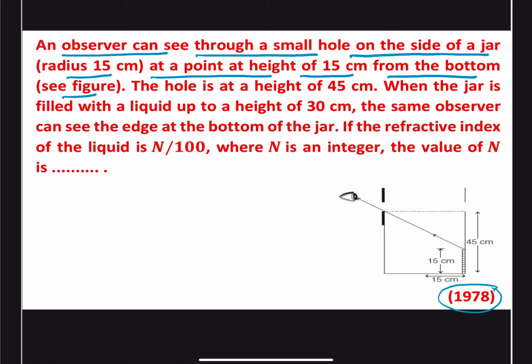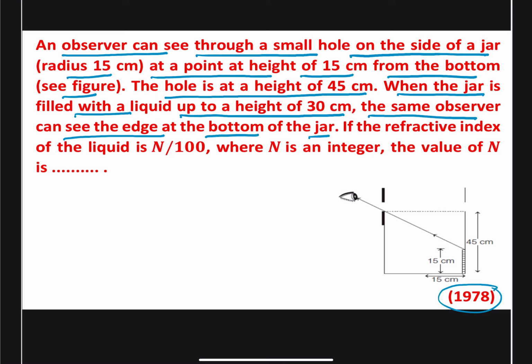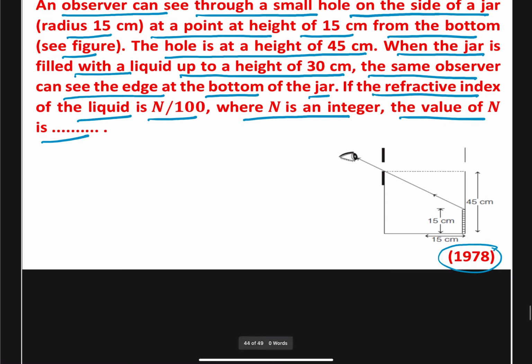The hole is at a height of 45 centimeter. When the jar is filled with liquid up to a height of 30 centimeter, the same observer can see the edge at the bottom of the jar. If the refractive index of the liquid is n by 100, where n is an integer, then the value of n is. So we have to find the value of n.